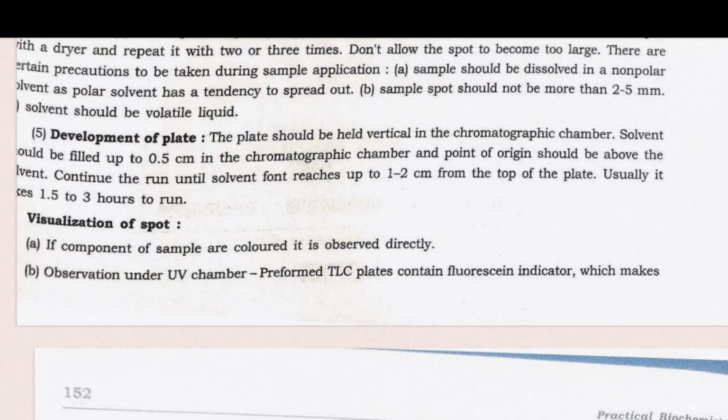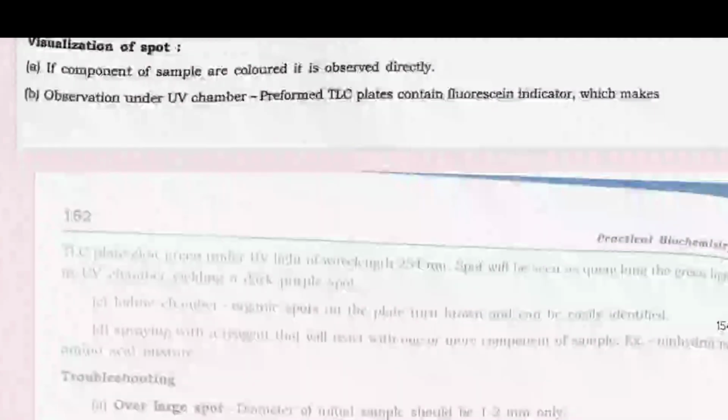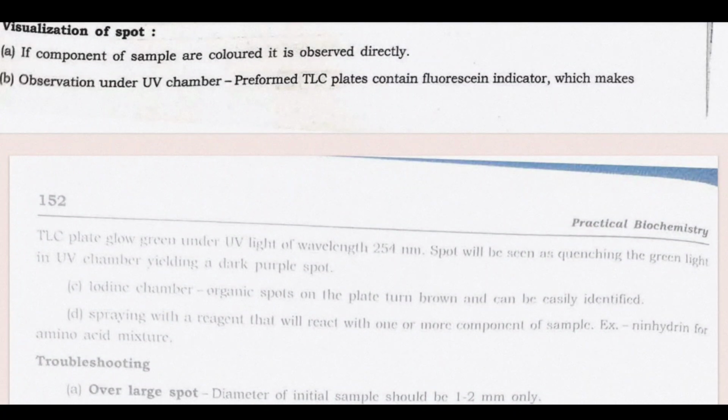Visualization of spots. If components of the sample are colored, they are observed directly. Observation under UV chamber: a pre-formed TLC plate contains a fluorescent indicator which makes the plate glow green under UV light of wavelength 254 nanometer.